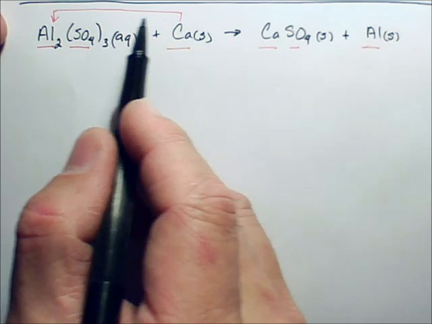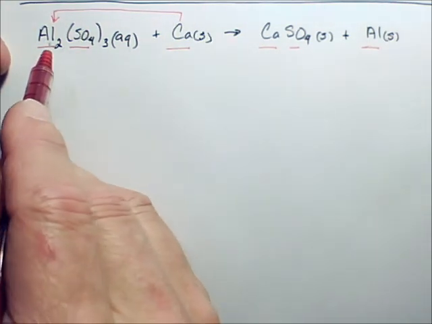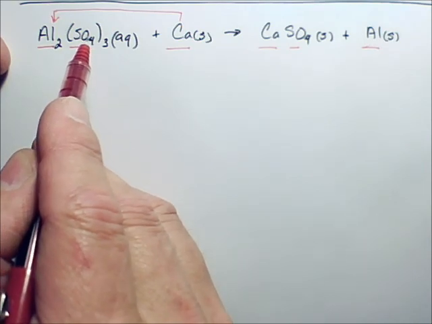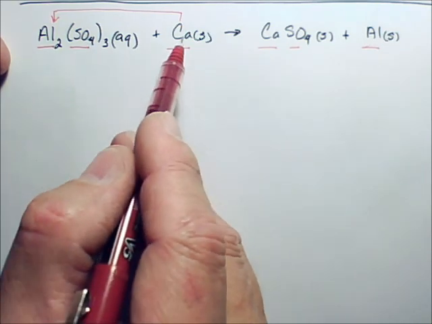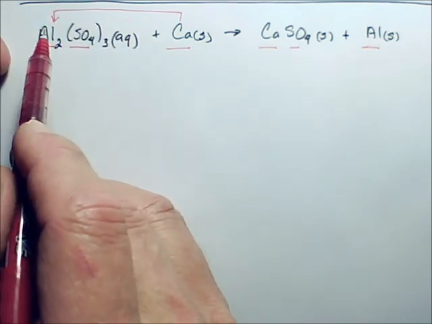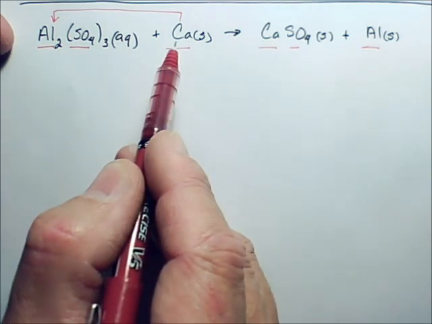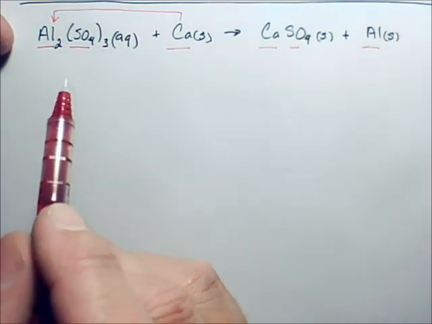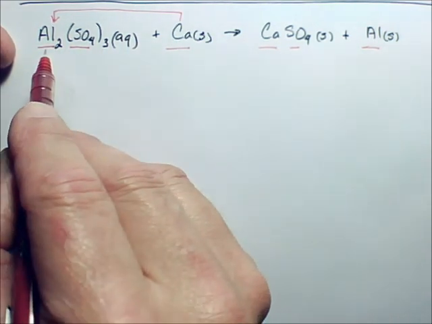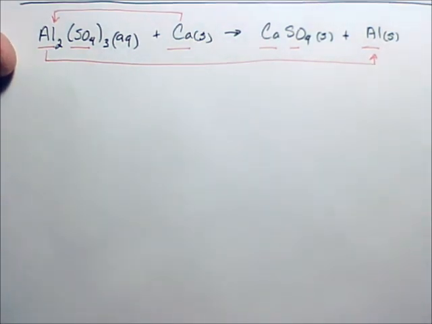The CA goes over here and kicks out the aluminum, and it replaces aluminum in a bond with this sulfate. So when an element that's by itself replaces an element that it's like in a compound, that's single replacement. The reason these are alike is because they're both metals. So now we've got the aluminum over here by itself.